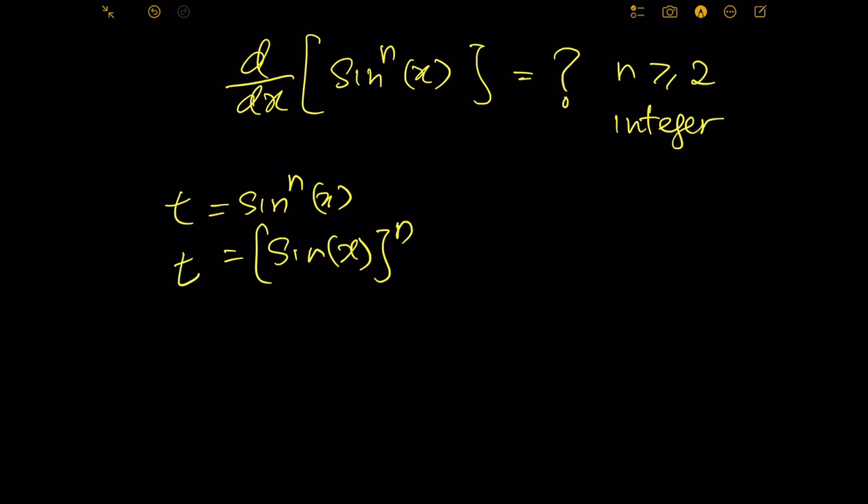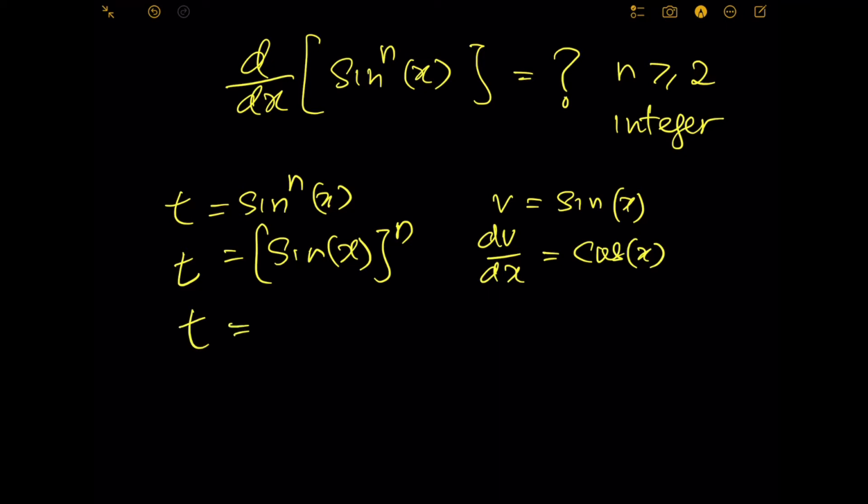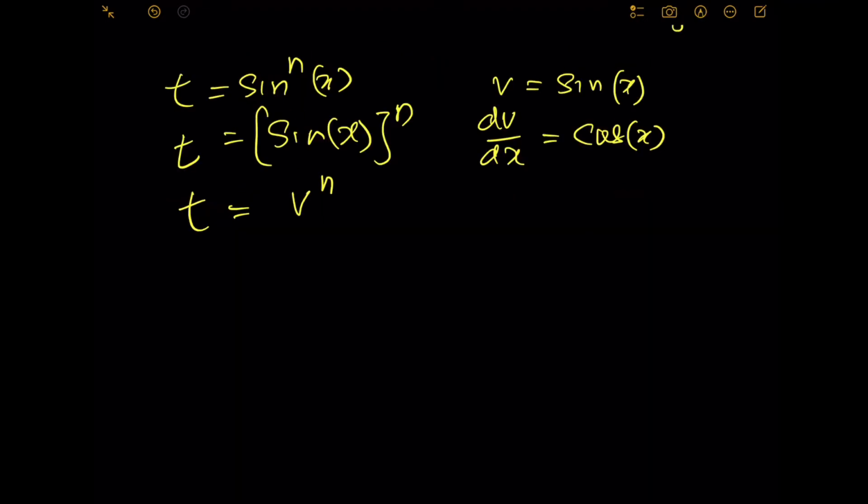Now meanwhile, let's assume v is sine x. So dv over dx is cos x. So here we replace sine x equals to v, so we have v power n. From here we get dt over dv is n multiply v power n minus 1.